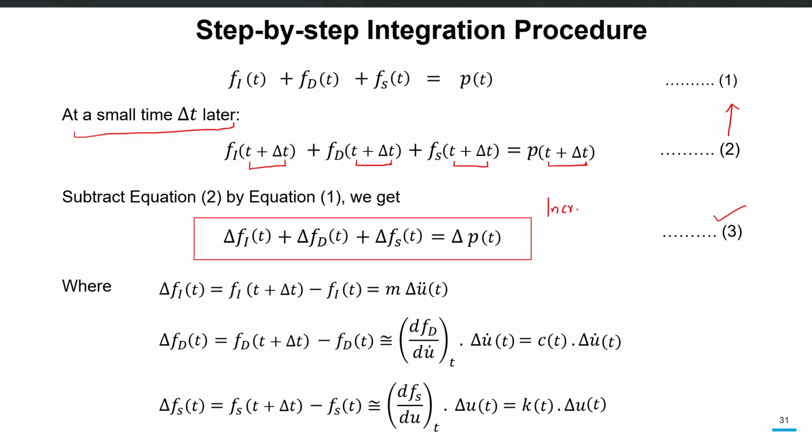This is called the incremental form because now we have the change in inertial force, change in damping force and change in the elastic restoring force. Their sum is equal to the change in the applied dynamic loading.